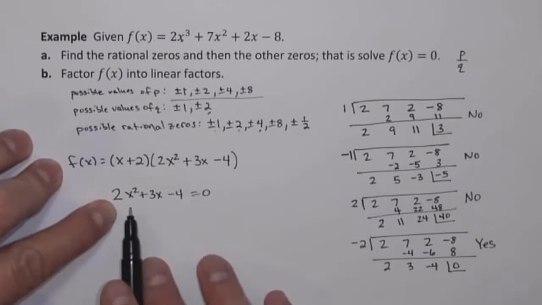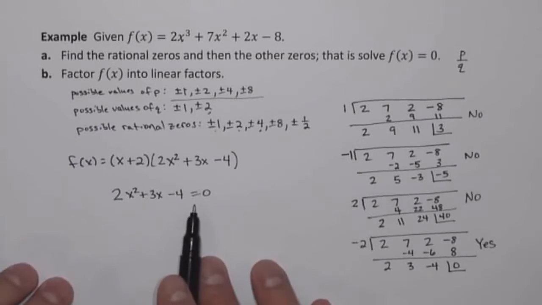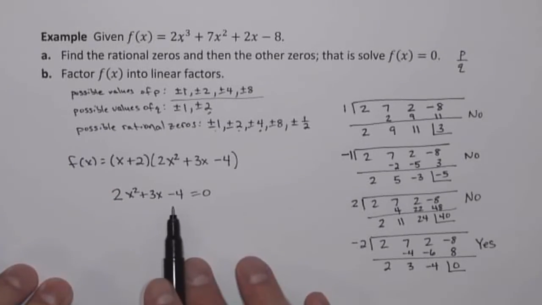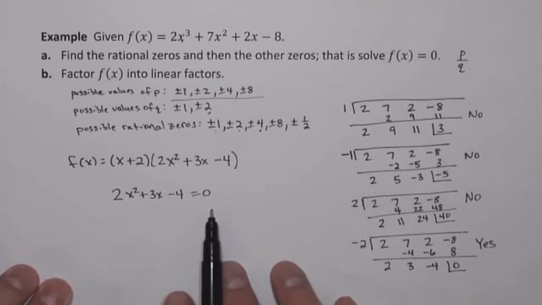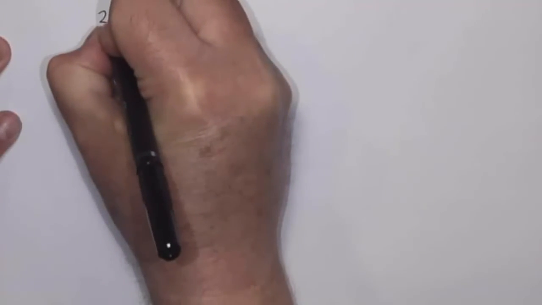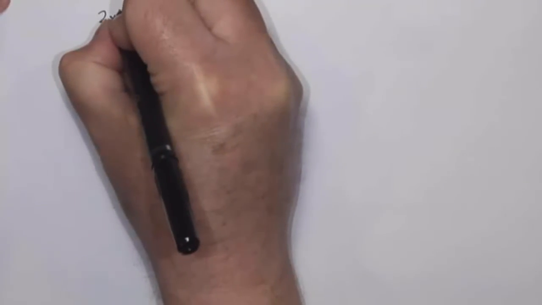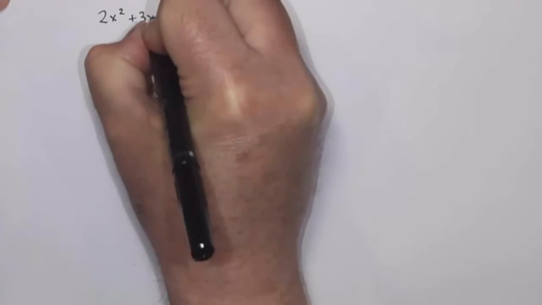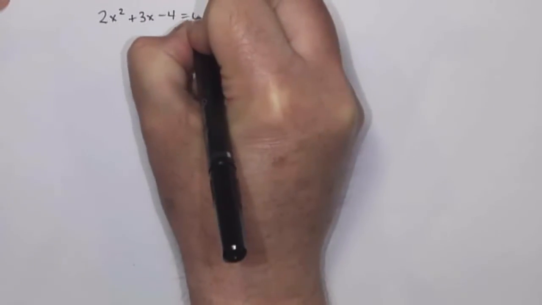And again, these are not going to be rational zeros because this doesn't factor. So let's figure out those other zeros on a new page. So rewriting, I'm trying to solve 2x squared plus 3x minus 4 equals 0.